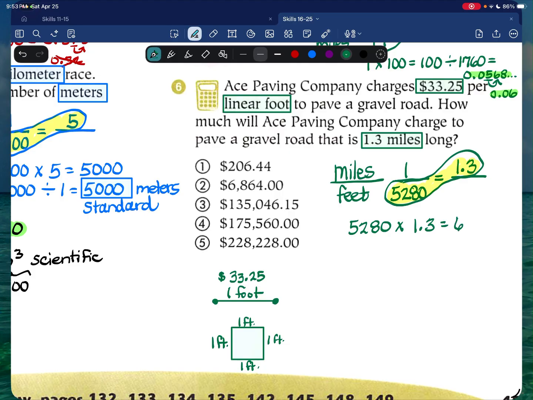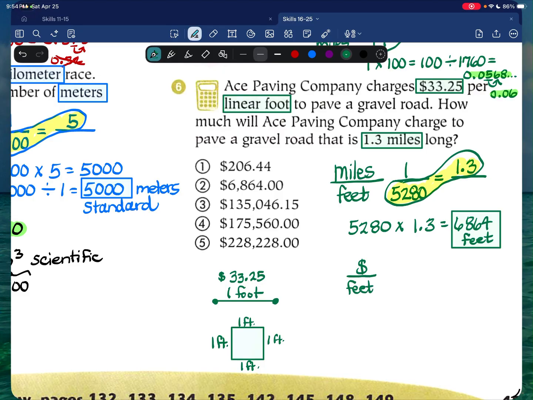is 6,864. And that is linear feet. It's feet in a line. So here is the amount that has to be paved in feet because they price per foot. So then you can set up dollars to feet.